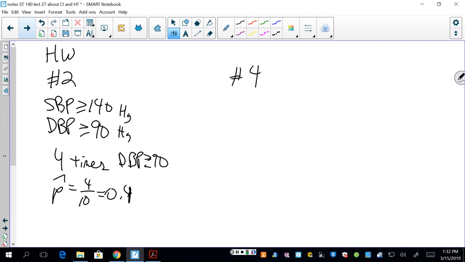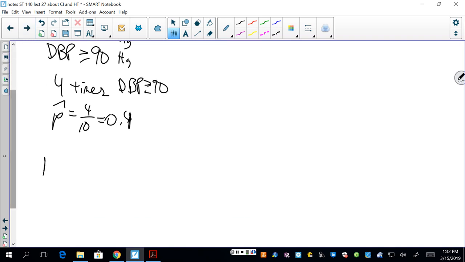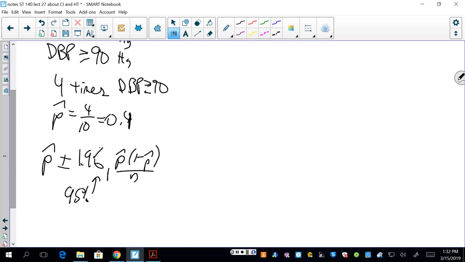So if we have 40% in this sample, make a confidence interval for that and see if it compares to 0.2. Now, the 95% confidence interval is p hat plus or minus that z-value times the square root of p hat (1 minus p hat) over n.